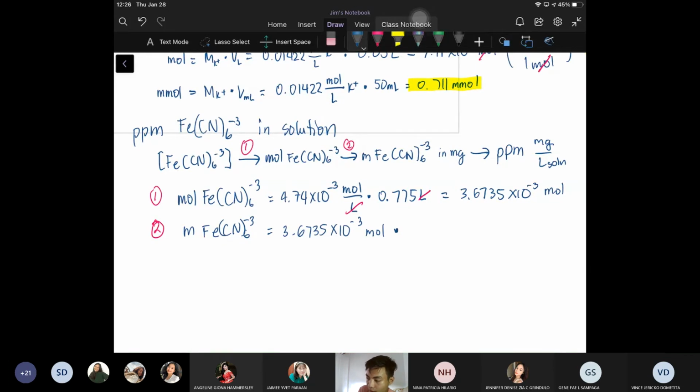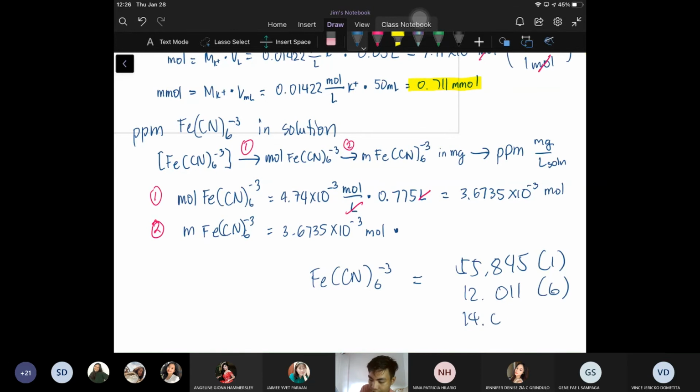So, kunin natin yung molar mass nun. Iron is 55.845 times 1. Carbon, 12.011 times 6. Nitrogen, 14.007 times 6. No? Okay.